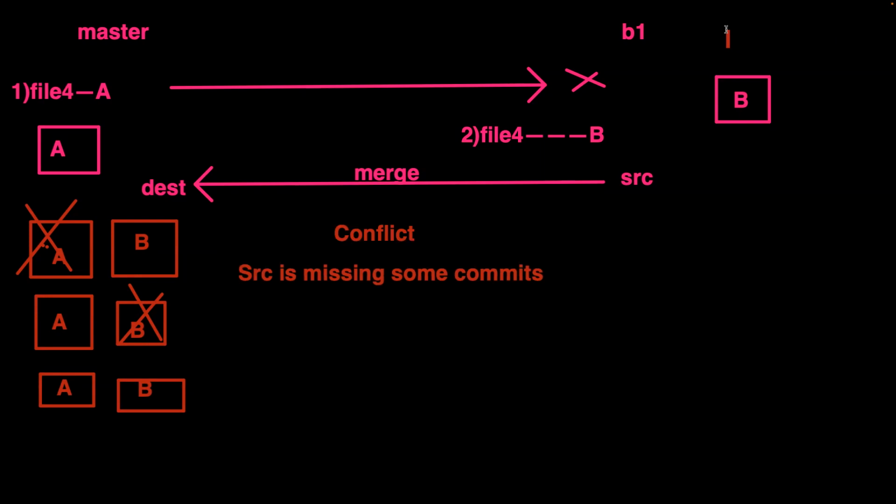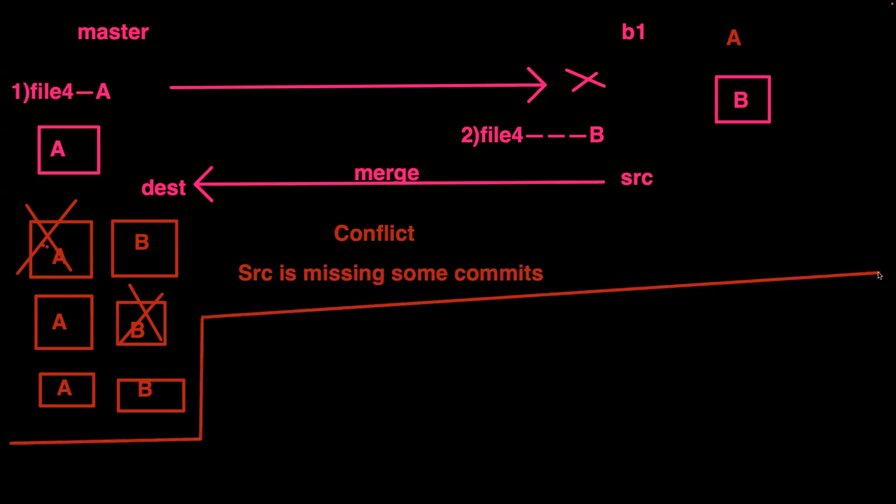Source is missing some commits which are there on destination. Here A is not there, right? If A would have been here, when you're merging, AB will come into this master, so there would be no problem, right? The problem is source is missing some commits which are there on destination and hence you get a conflict. It's not just simply the file name. It's a file name and also commits are missing from source.